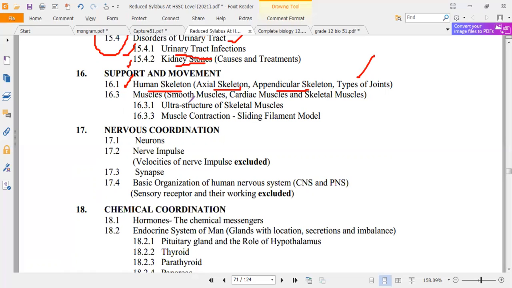Then the muscles. In muscles, smooth, cardiac and skeletal muscles are a separate topic, and in that there is the ultrastructure of skeletal muscles.